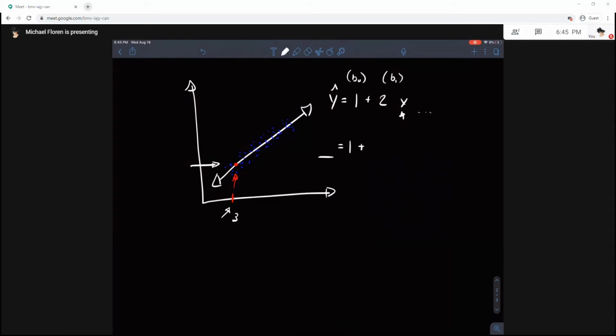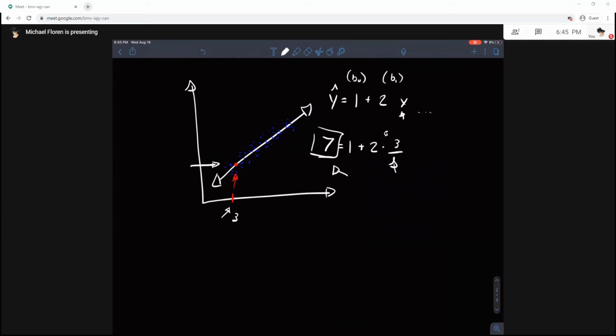So 1 plus 2 times 3. In this case, 2 times 3 is 6, plus 1, my y value would be 7, and this would be my predicted value. And it really is that simple. Simply plug in your x value, and you can get your predicted y value. Plug in your independent variable, and you can get your outcome.